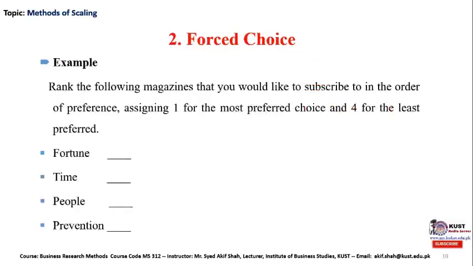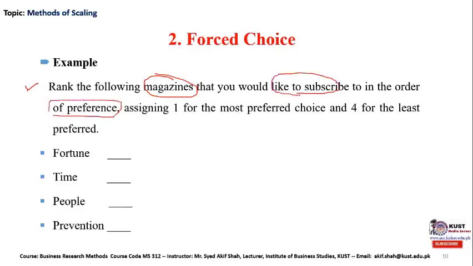Let us take an example of forced choice to explain this method of collecting attitudinal responses or preferences. The example asks us to rank the following magazines that you would like to subscribe to in order of preference.